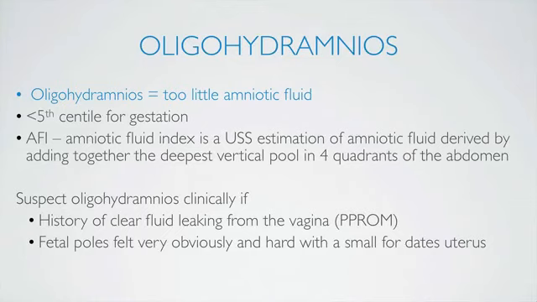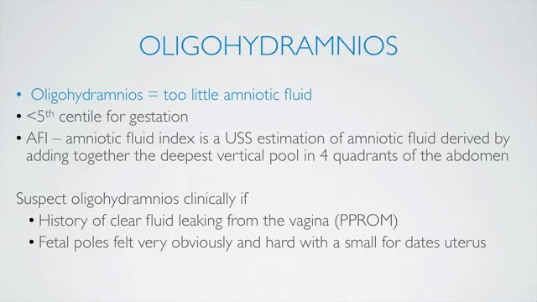You can suspect oligohydramnios before you even do an ultrasound in different ways. Firstly, the lady may have a history of leaking of amniotic fluid, so premature prolonged rupture of membranes is PPROM. And this is simply that there's been a story of fluid leak from the vagina, which would be an indication that she may have leaked amniotic fluid.